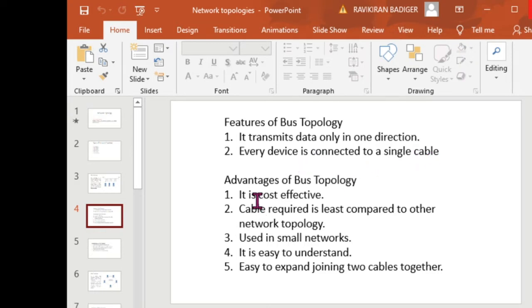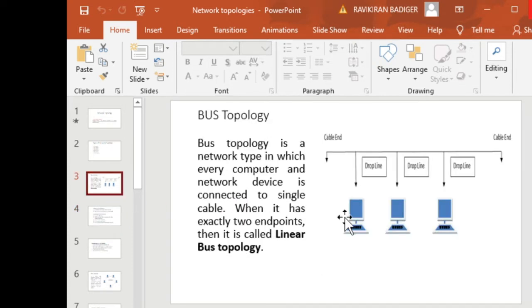And what are the advantages? The main advantage is it is very cost effective and the network is very easy to install, easy to follow, and it is advised that this type of network topology is used if there are only a few computers to set up in a network.